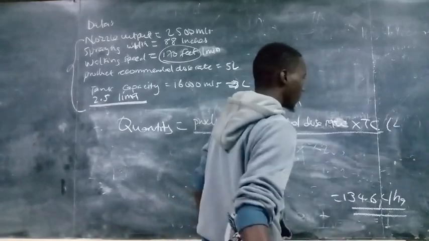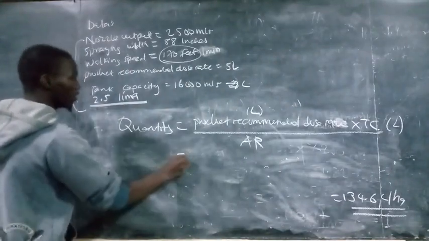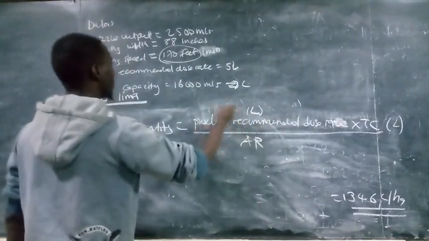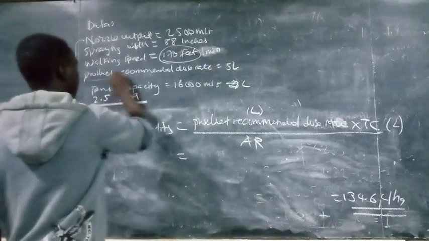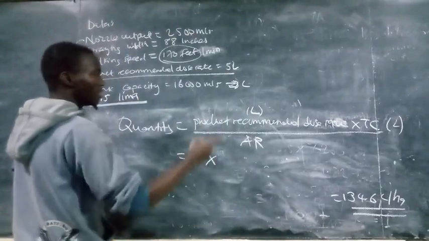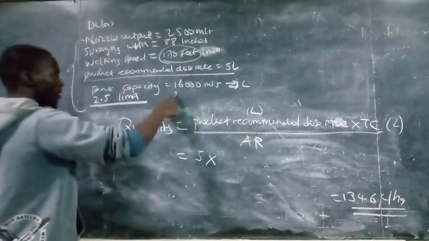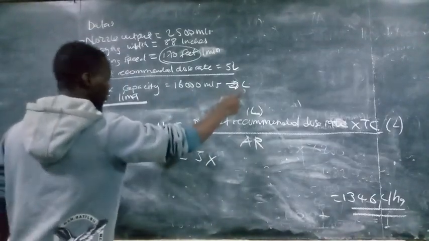So as we proceed, our product recommended dose rate in the data given here is 5. We multiply by the tank capacity. Now the tank capacity is given in mils, so we have to take it to what? To liters.